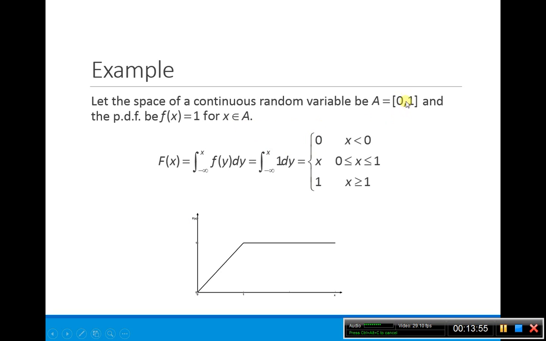If x is between 0 and 1, then our f is 1, so we integrate this and we just get x. And if we're out of our range, then we've already covered our entire range, so we just get a probability of 1 for all x greater than or equal to 1. So this is what this c.d.f looks like.